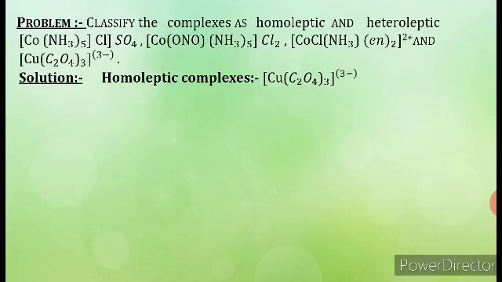So all other three are heteroleptic complexes, because more than one type of ligand is present over there. Pentaamminechlorocobalt(III) sulfate, pentaamminenitritocobalt(III) chloride, amminechlorobis(ethylenediamine)cobalt(III) ion.